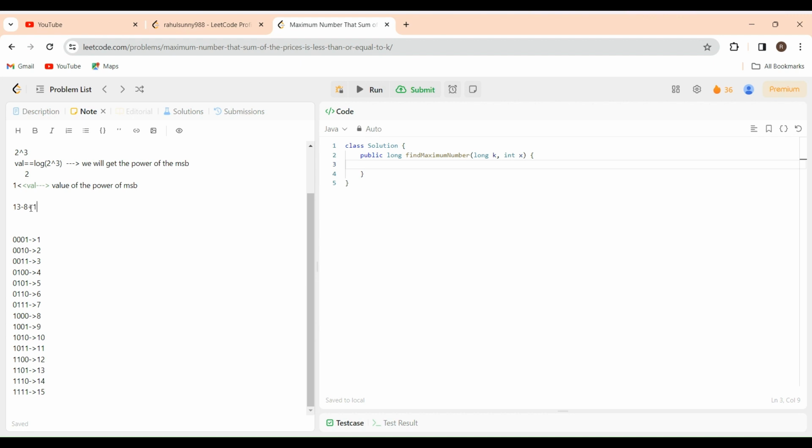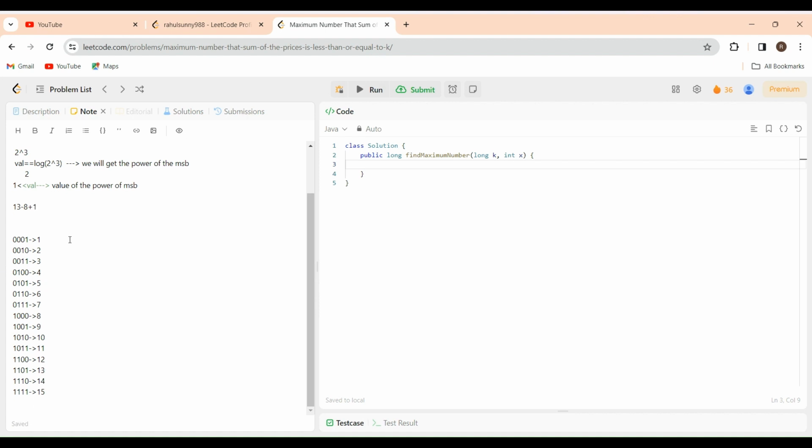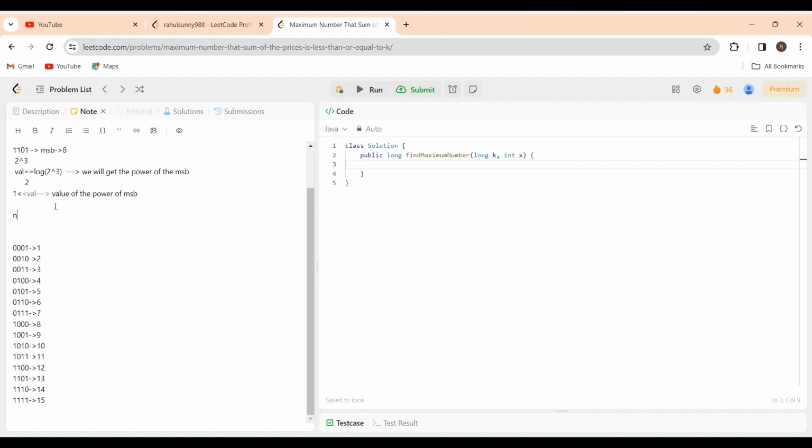So we will just do this thing here. How many numbers will be there here? If we consider, how many set bits will be at the third index from 13, how many such numbers will be there can be calculated as n minus val plus 1.